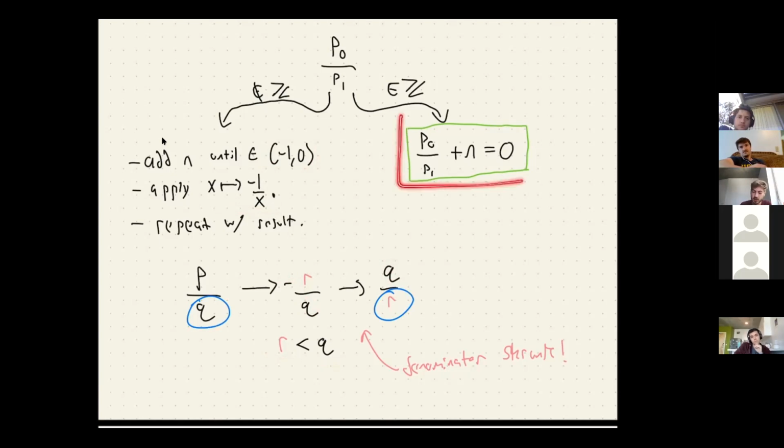Then we can just subtract or add to get to 0. So any rational number can be taken to 0, and so any rational number can be taken to any other rational number by this group PSL2, because it's generated by +1 and negative reciprocal.